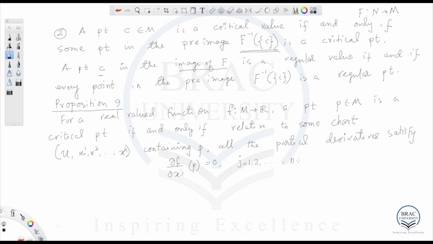So all the partial derivatives of f must vanish identically at the point P.